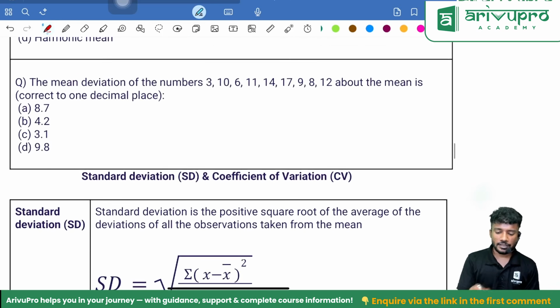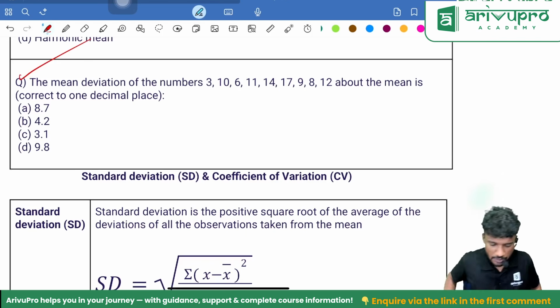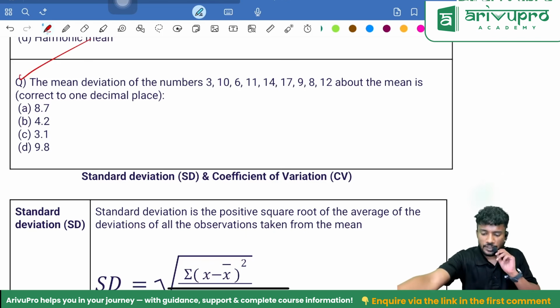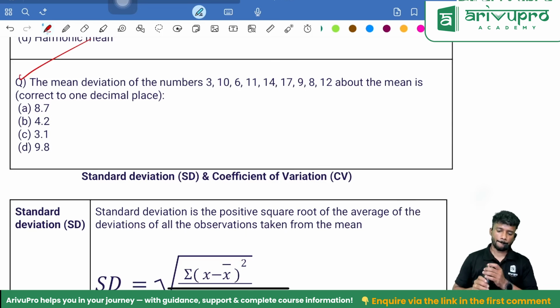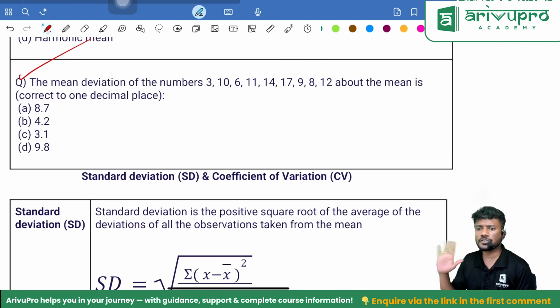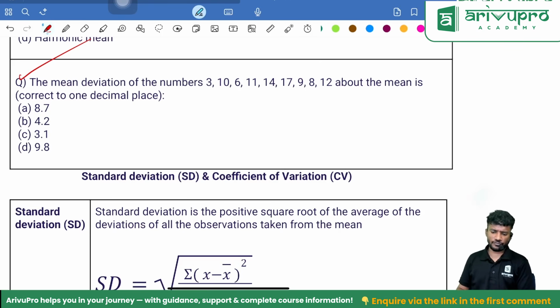Now, this can you find out? You will be able to find. Everyone try. Now, what if it is median? You will find median using the given set of values. Then you will reduce x values from the median and divide by n. That's all. Then what if they ask mean deviation about mode?